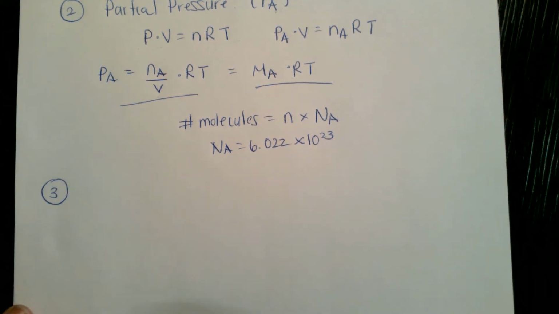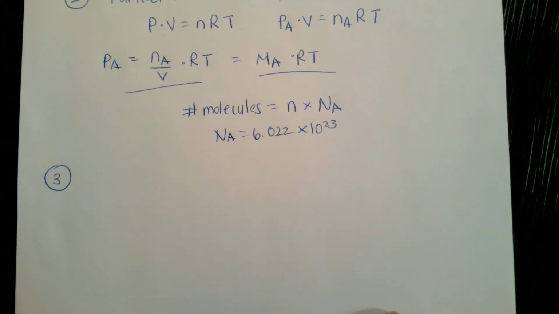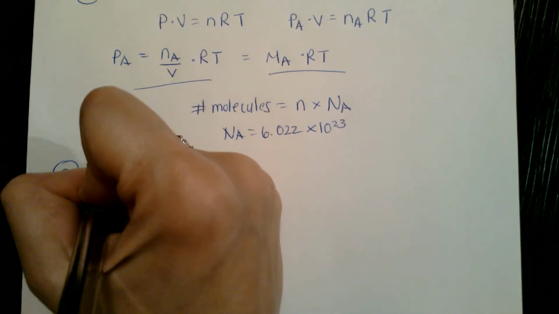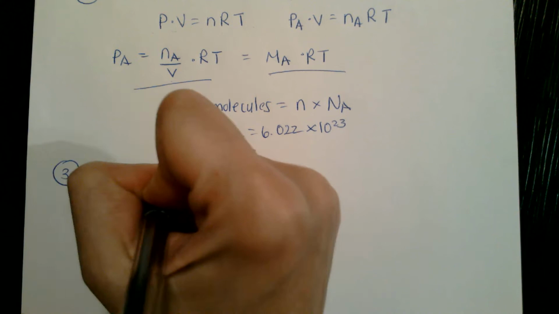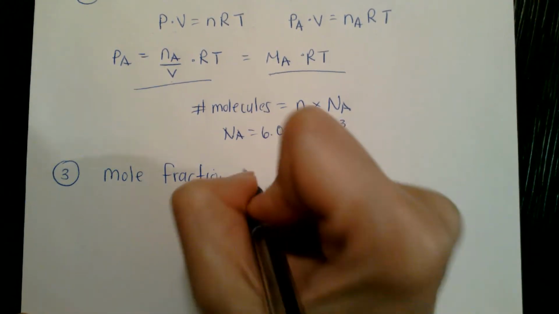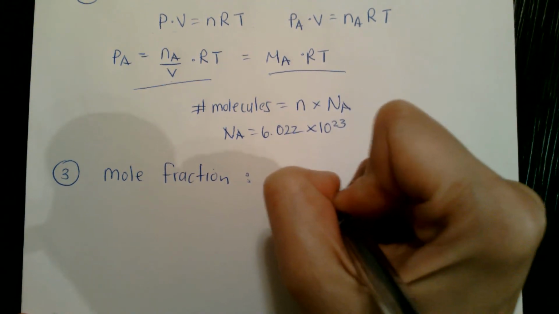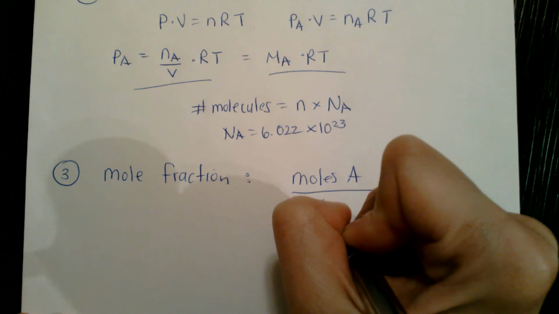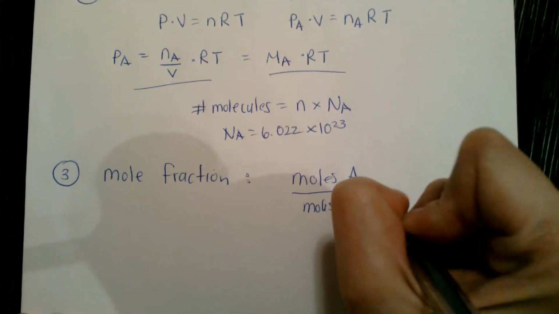Number three, we start getting into relative concentration units. The first one is the mole fraction. The mole fraction would be moles of A over moles total.